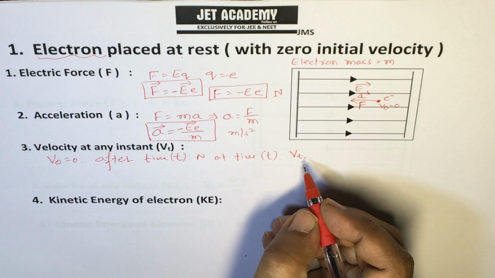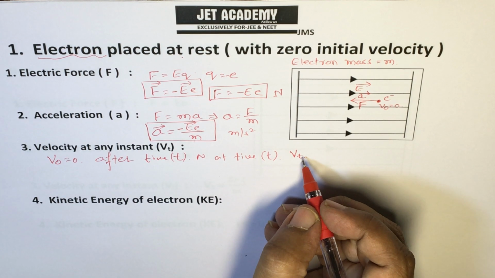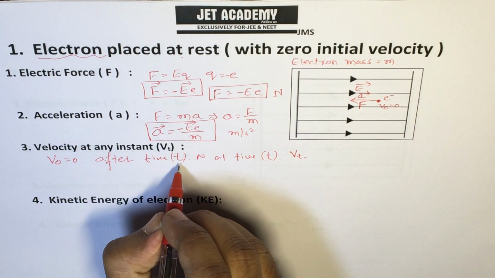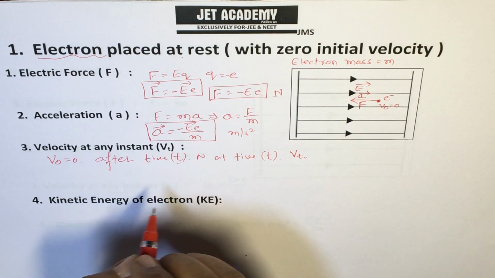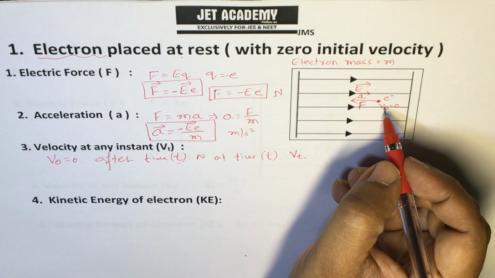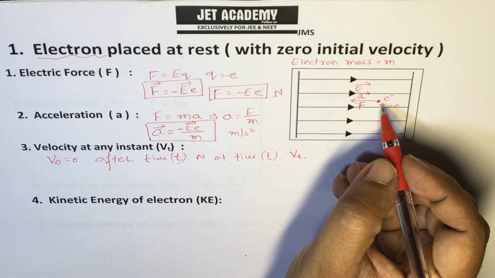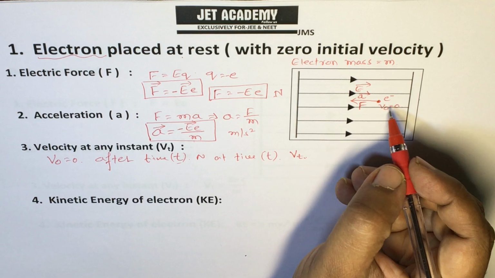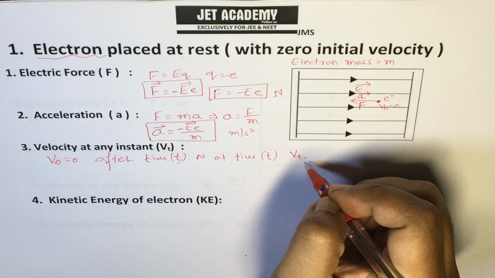What is Vt? At any given instant of time, or any time after t seconds. Initially it is 0, and it goes on increasing its velocity, so the velocity is greater than 0. What is its velocity after time t?